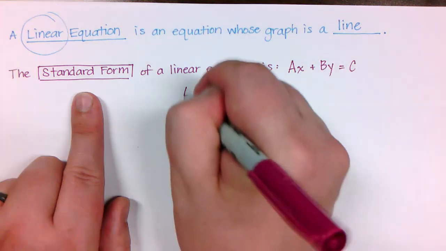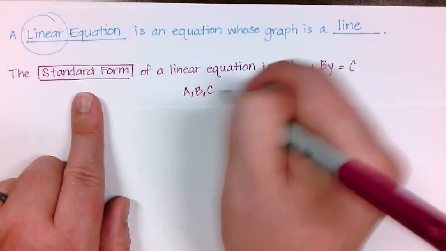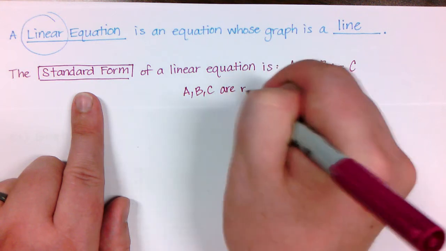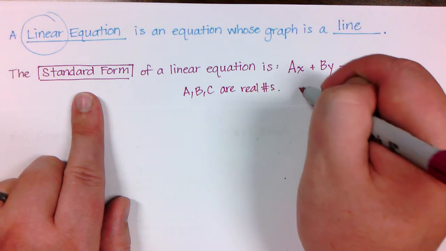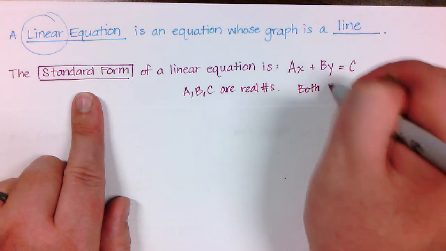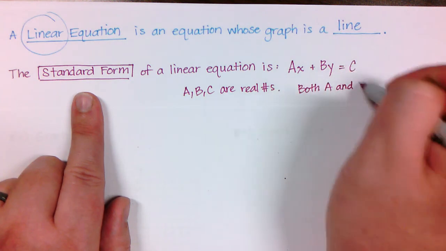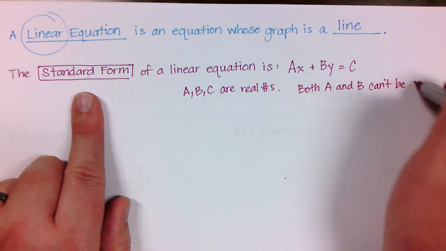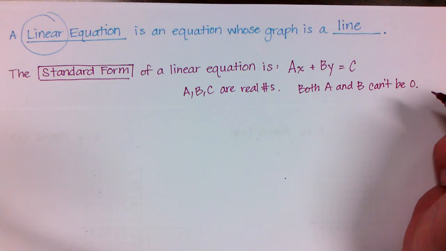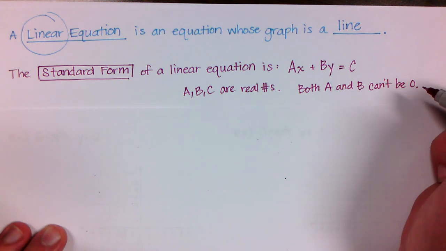Okay, so a, b, and c are real numbers. And the only other thing is that both a and b can't be 0. One of them could be 0, but not both of them. That would not be an equation that we're able to put in standard form.